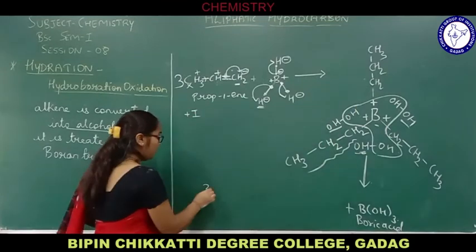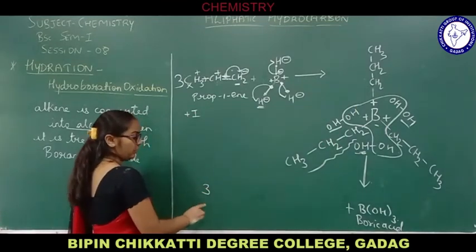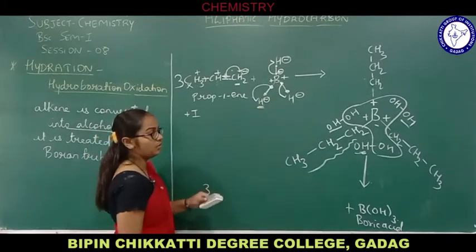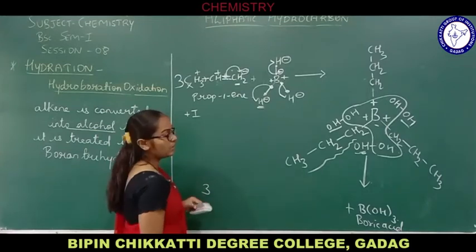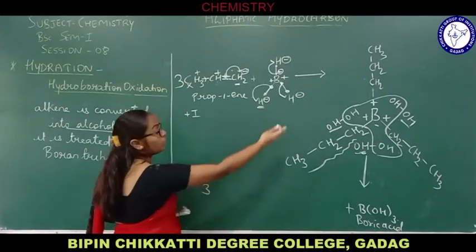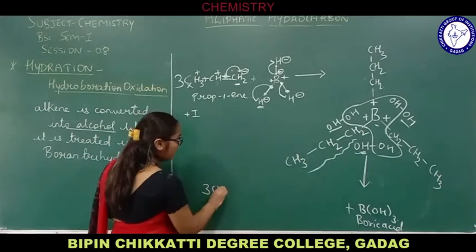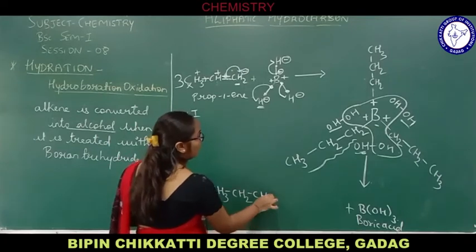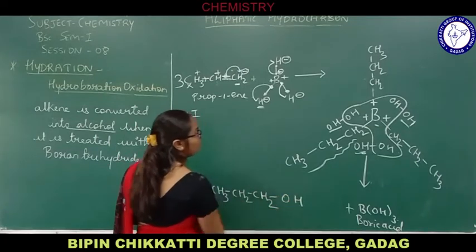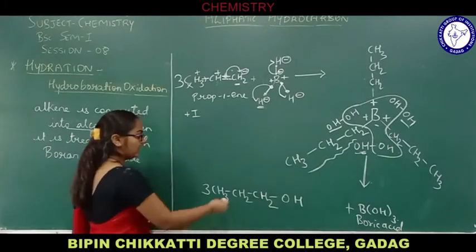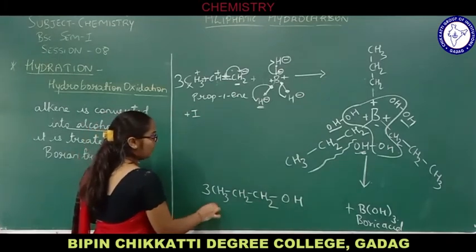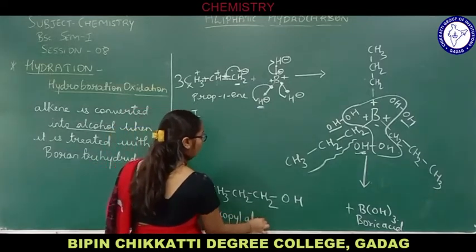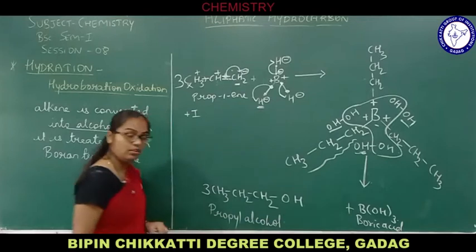So I have to write 3 as a coefficient for that, because 3 propyl groups are there, not isopropyl, it is propyl, okay. So 3 propyl groups are there, so it will be CH3, CH2, CH2, and the alcohol OH group, 3 OH groups will get attached, and the name for this alcohol is propyl alcohol, or it is also called propanol, okay.